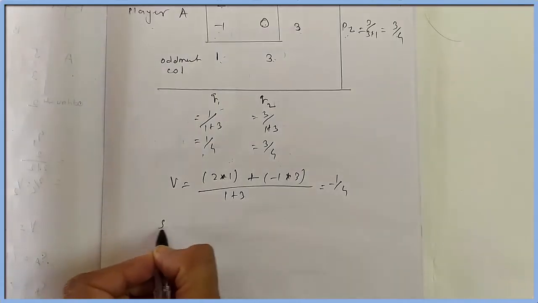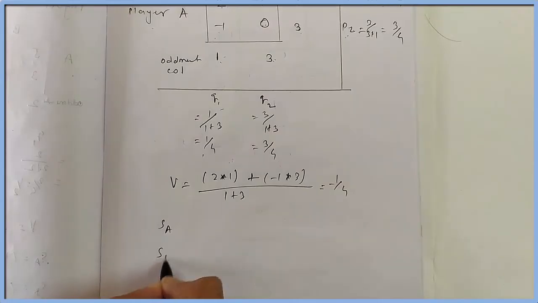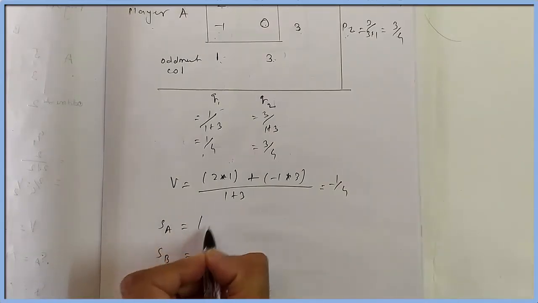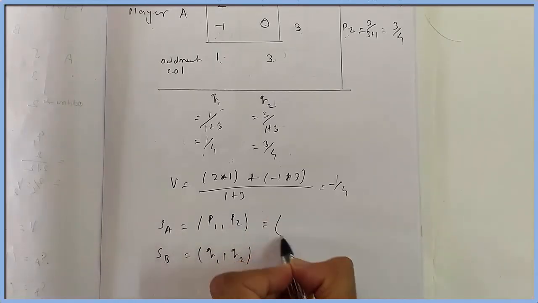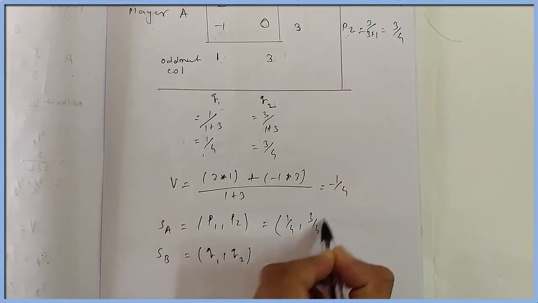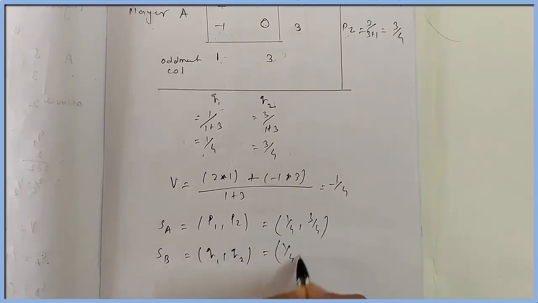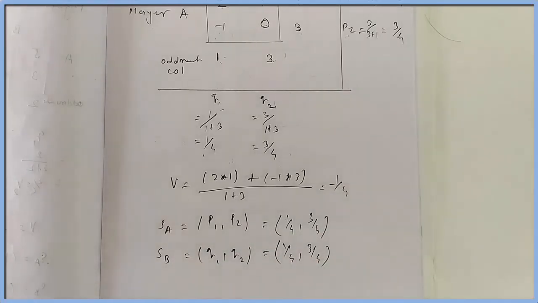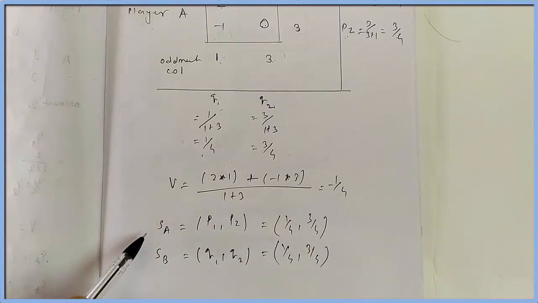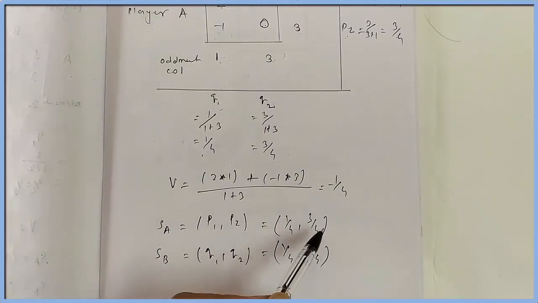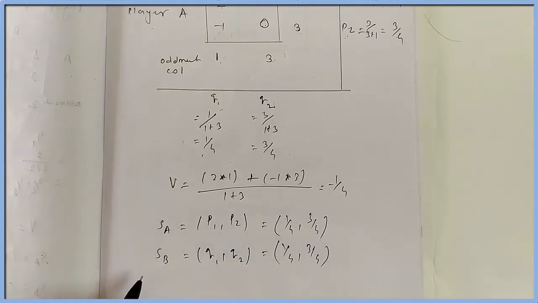And finally, optimum strategy for player A and player B is equal to P1, P2, Q1, Q2. Therefore P1 and P2 are 1 by 4 and 3 by 4 and Q1, Q2 are 1 by 4 and 3 by 4. Therefore our game value is equal to minus 1 by 4. Optimum strategies for player A is equal to 1 by 4 and 3 by 4. Optimum strategies for player B is equal to 1 by 4 and 3 by 4.